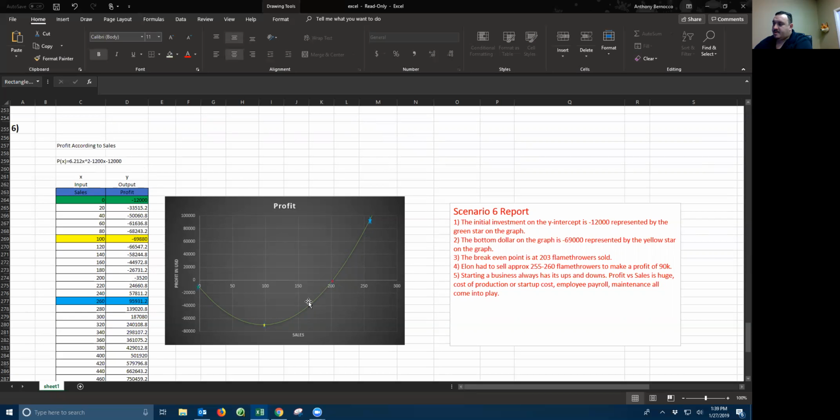Put my little stars on it so you can see where he started out. I tried to color coordinate it. So its profit started out at negative 12,000, which started out right here. Selling 100 flamethrowers, he was at just about negative 70,000, which is right here on our graph.